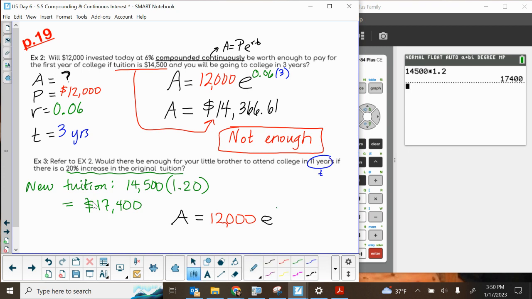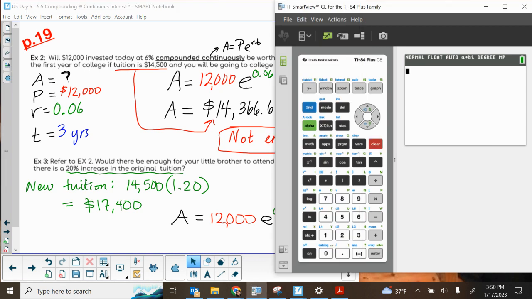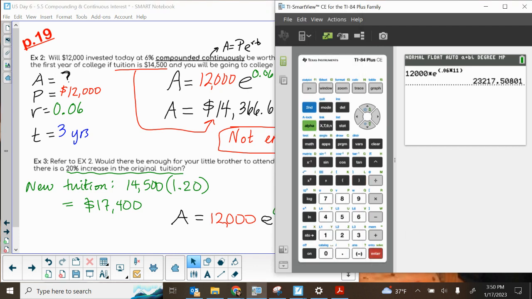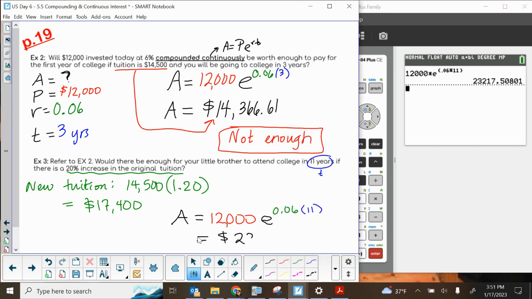So my rate is still 0.06. My time is 11, and I'll see, is that going to give me the 17,400? So 12,000 times e to the 0.06 times 11. Double check that I typed that in correctly. Yes, I did. So that's going to give me $23,217.51.